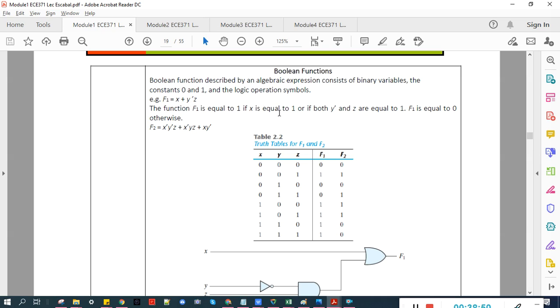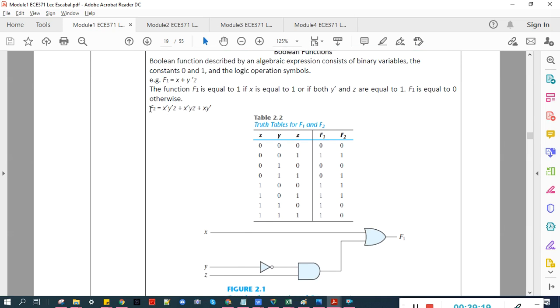That's how we interpret this one. f1 is equal to 1 if x is equal to 1, or if both y prime and z are equal to 1. f1 is equal to 0 otherwise. That's how we interpret this Boolean function f1.